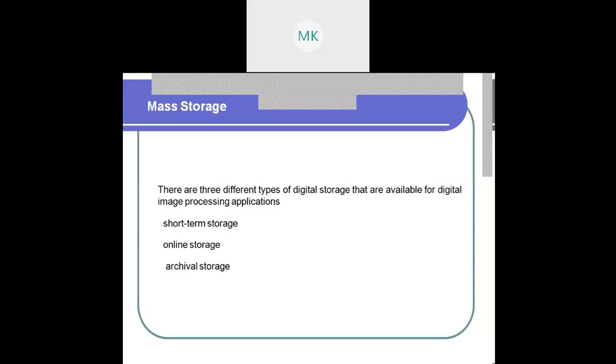So digital storage for image processing applications falls into three categories. One method is considered to be short-term storage, which is nothing but the computer memory. We can implement this short-term storage by specialized boards called frame buffers.